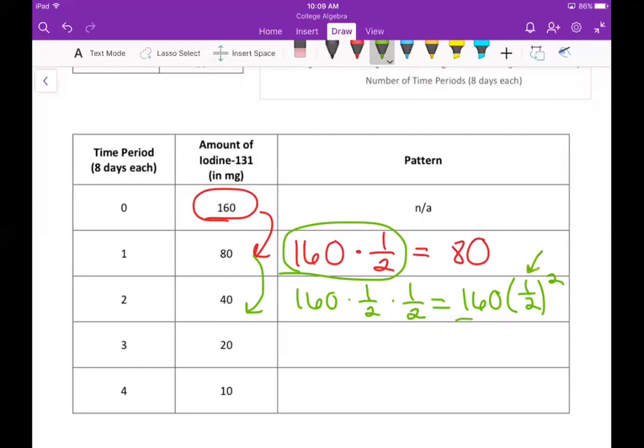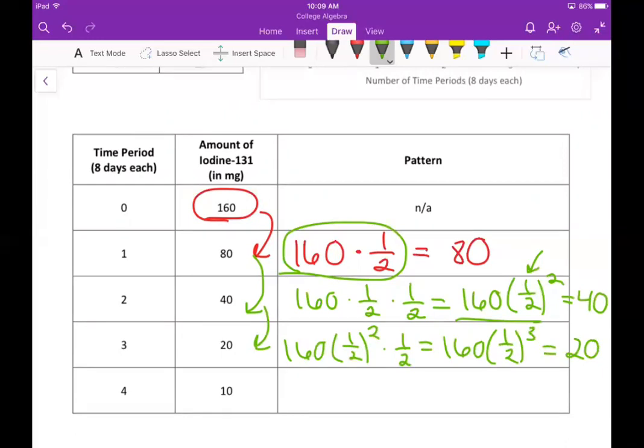So we take 40, this here equals 40, right? We take that version of 40 times 1/2 again to get to 20, and that gives us 160 times 1/2 3 times to be 20. And the final one, can you see the pattern, would be 160 times 1/2 4 times to get to 10.